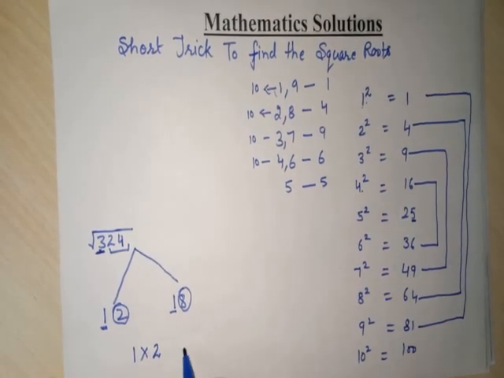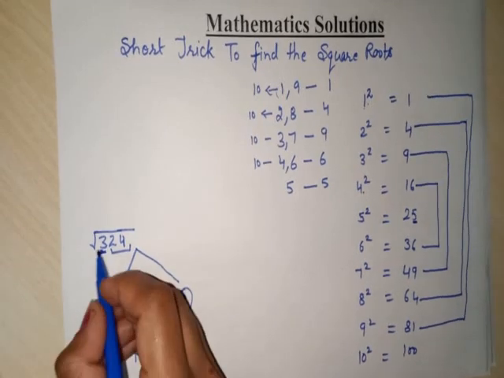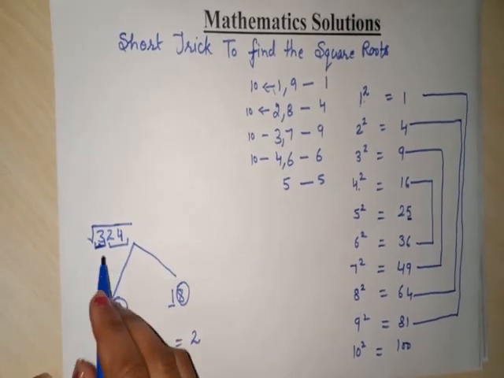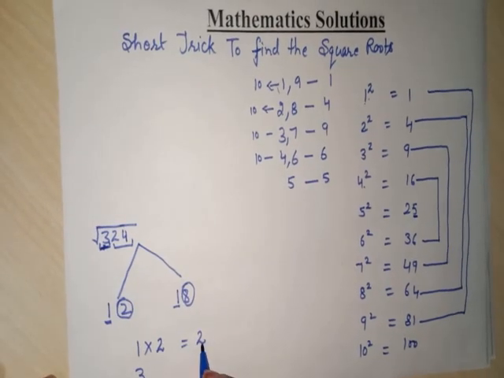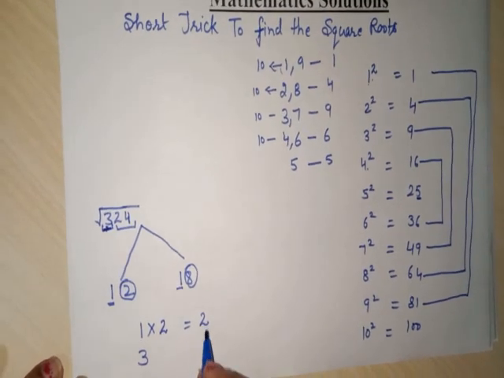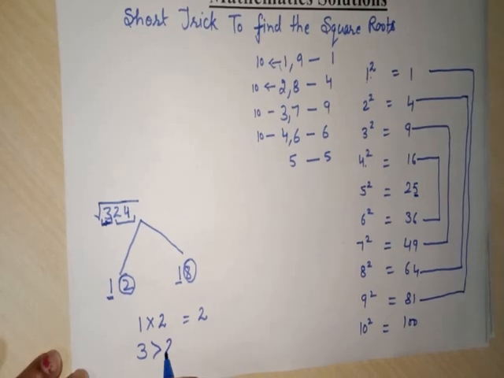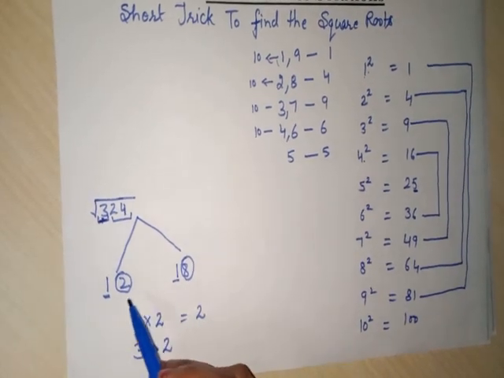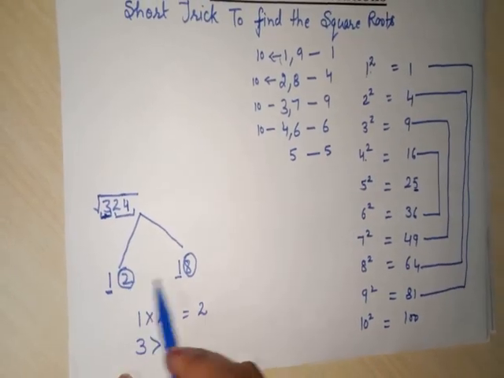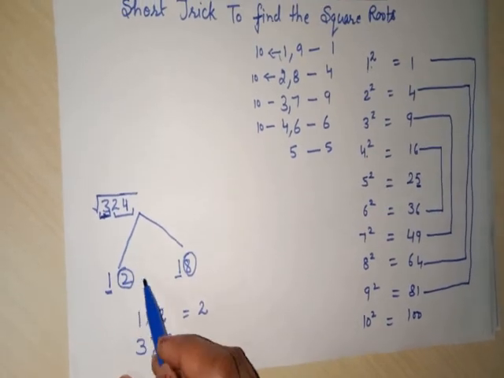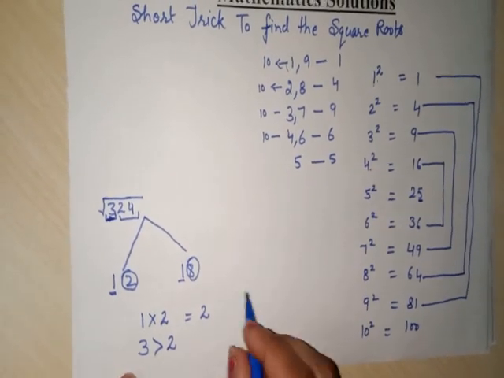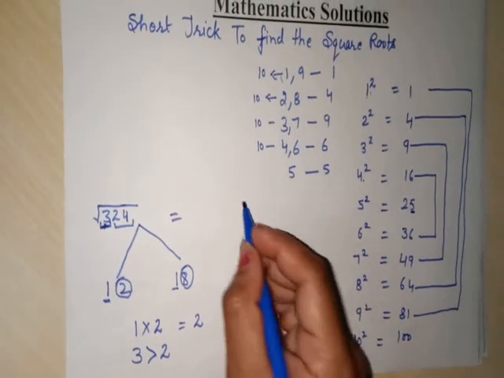So multiply 1 with 2, the result is 2. And see if this number is greater than this product or not. Now you can see that 3 is greater than 2. So the number at the unit place will be the greater of these two numbers. Which is the greater? 8. So the square root of this number is 18.